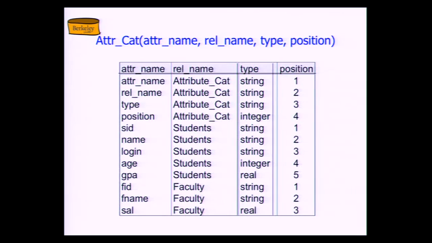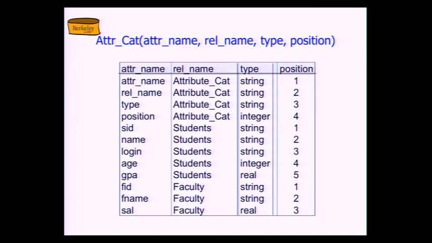So the book has a made-up catalog table here called AttrCat. This is the catalog table of attributes. What do you need to know about attributes of tables? Well, what is the name of the attribute? What table is it in? What relation is it in? What is the type of that attribute, and what position is it? Is it the first, the second, the third, or the fourth? So this is the table of all columns in the database, according to the book.